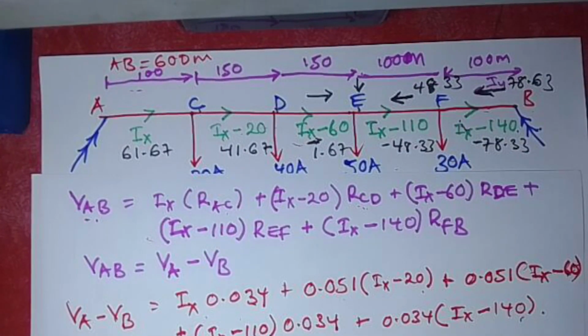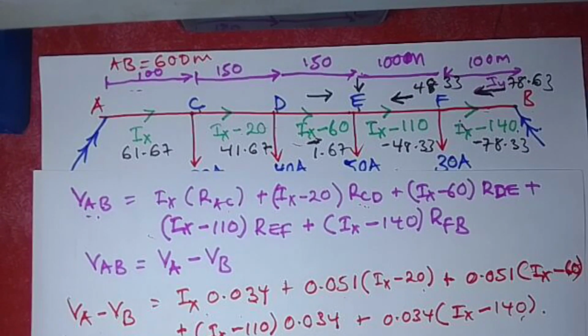So after finding your currents flowing in a particular section, you can find directly. Now here they didn't request us to find the voltage at each particular point, but they only wanted us to calculate for the minimum voltage.